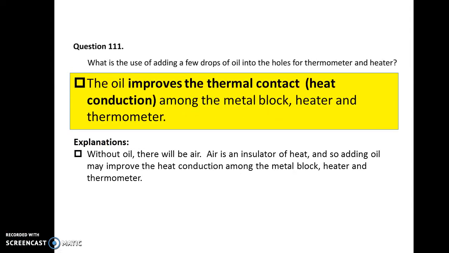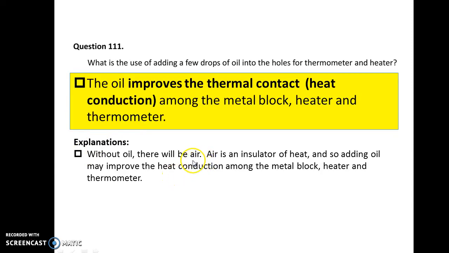Question 111. In the experiment, we have to add a few drops of oil into the holes for the thermometer and heater. Why? Because the oil can improve the thermal contact, that is the heat conduction between the metal block and the heater, and also between the metal block and the thermometer.